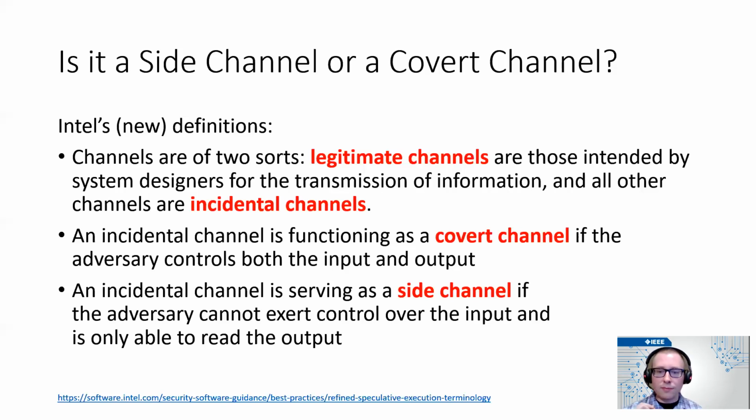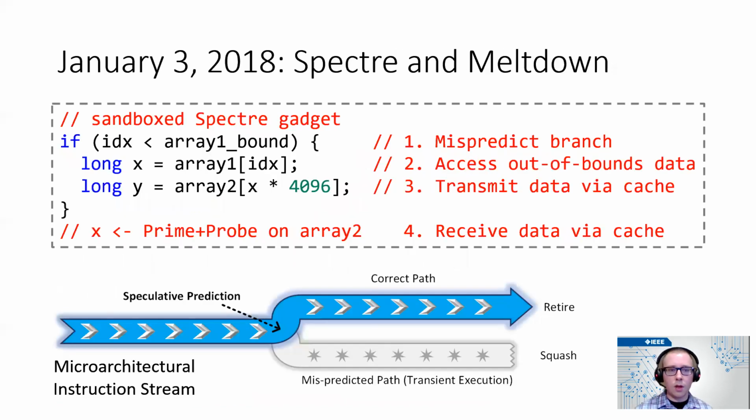Now, after that brief and pedantic digression, let's return to January 3rd, 2018, and Spectre. The paper includes a code snippet like this, often referred to as bounds check bypass, and the microarchitectural instruction stream is depicted at the bottom of the slide.